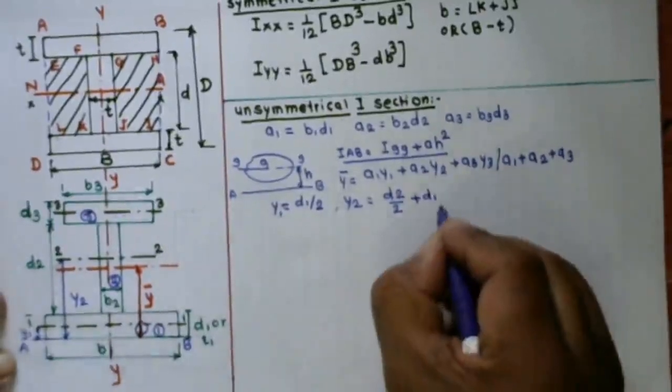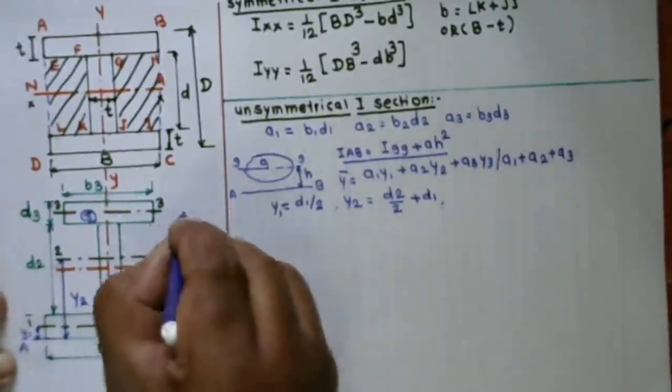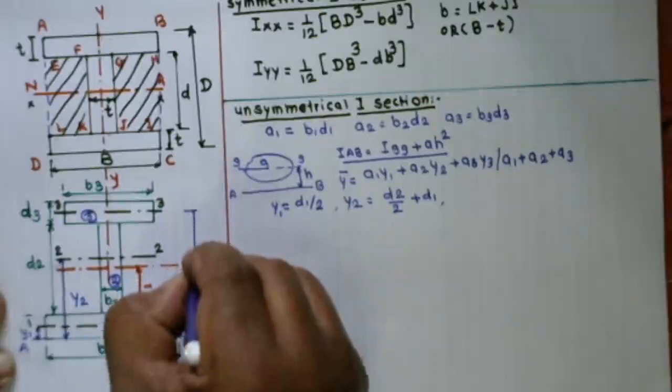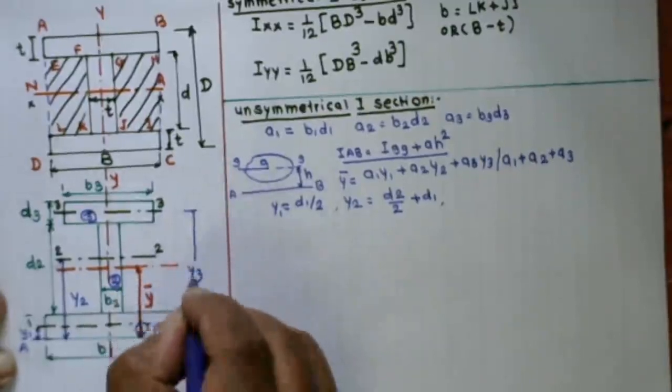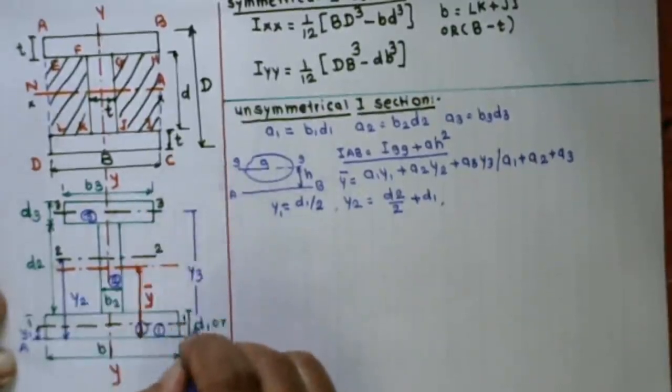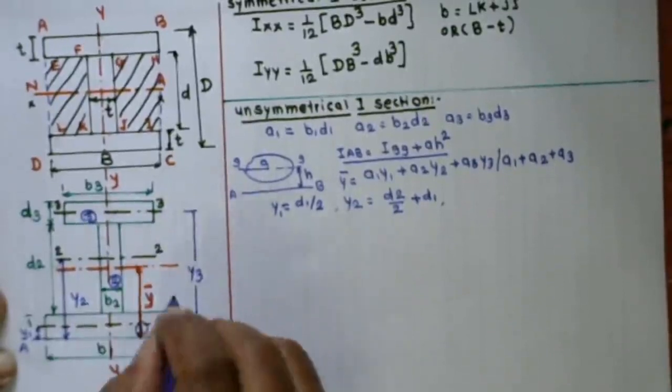Similarly, Y3 is the distance of the centroidal axis 3-3 from AB.